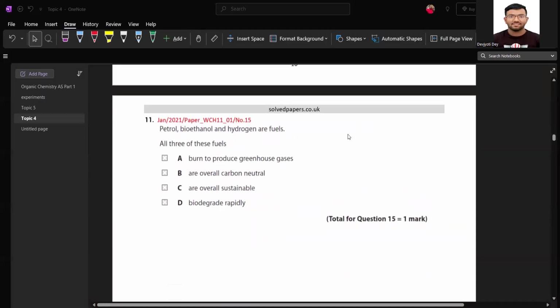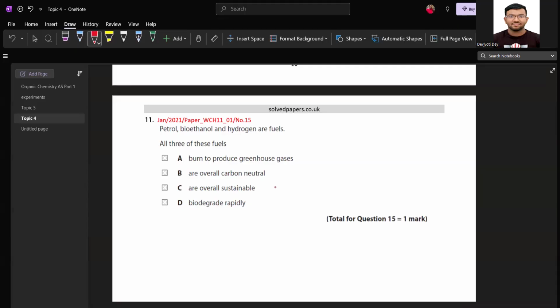Now, petrol, bioethanol, and hydrogen are fuels. All three of these fuels basically burn, and are they overall carbon neutral? Obviously, they're not carbon neutral because they release greenhouse gases and have a huge impact on the ecological carbon footprint. So that's not correct. And overall sustainable?